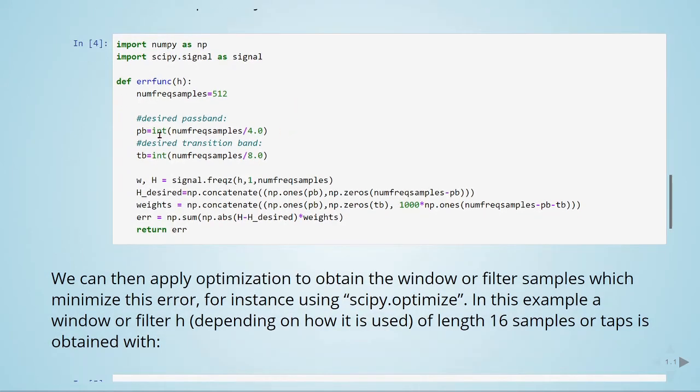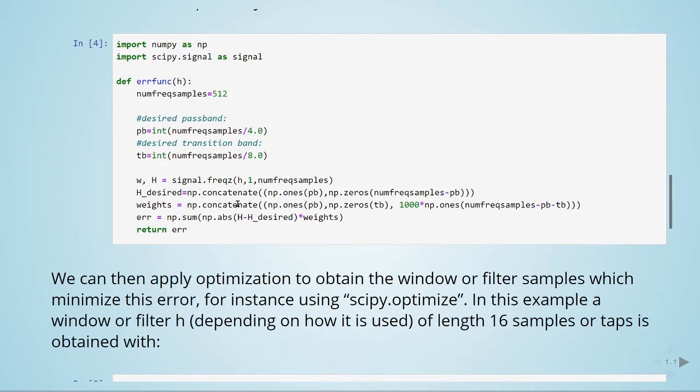Here we have our desired pass band, so we are dividing this number by 4. Here we have our desired transition band, we are dividing this number by 8. Here we are computing the frequency response using freqz, and here we are defining our desired frequency response.